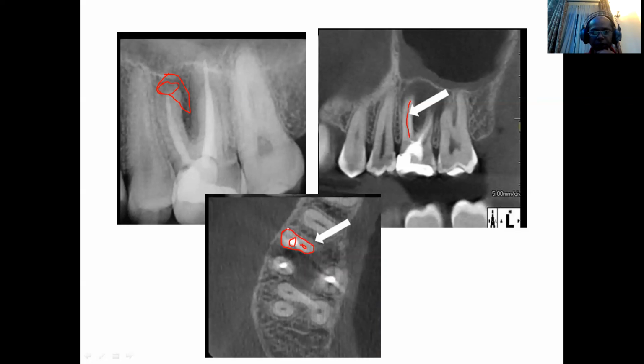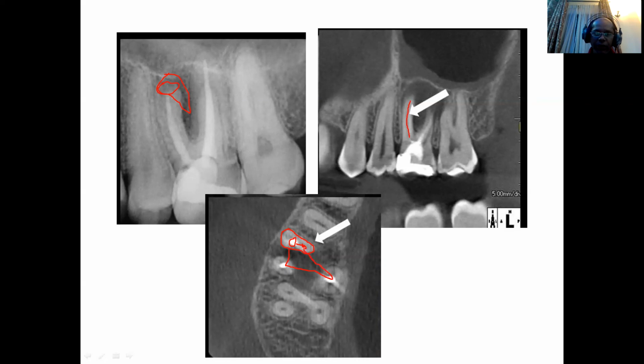This is the mesobuccal root of the maxillary first molar in coronal section, and these are the two canals in the mesobuccal root. One is the main mesobuccal canal, and one is the mesopalatal canal, or what we call the MB2 canal. And this is the distal root, and then the palatal root and the palatal canal.